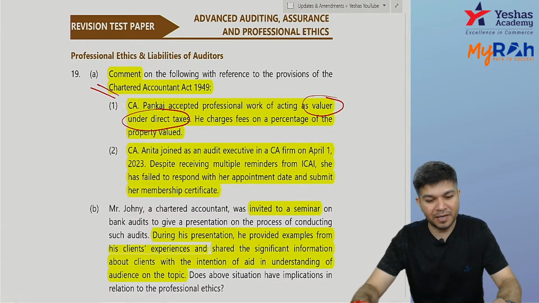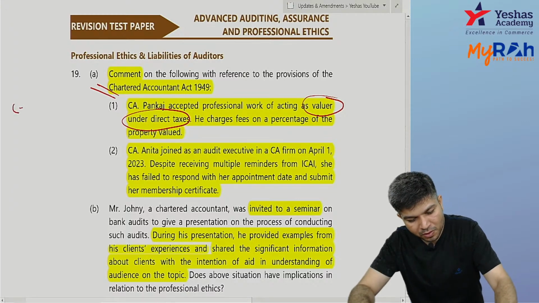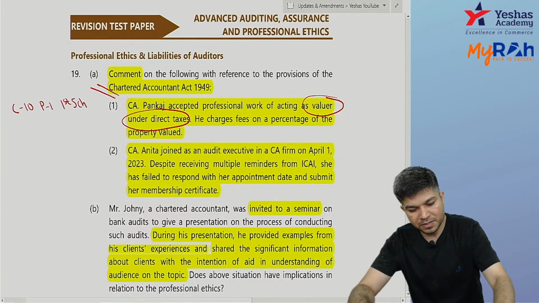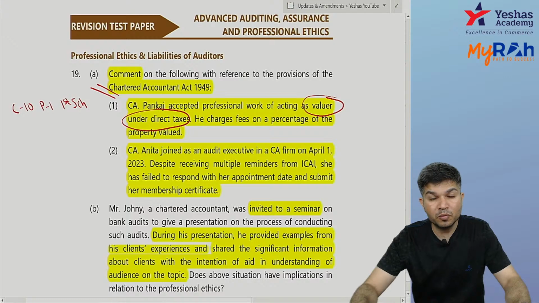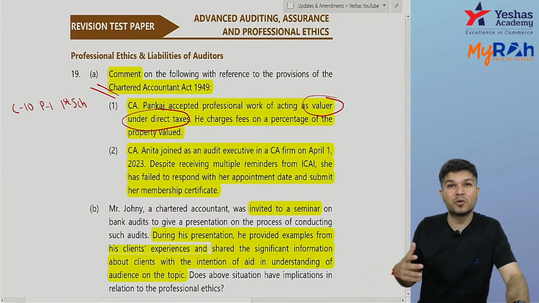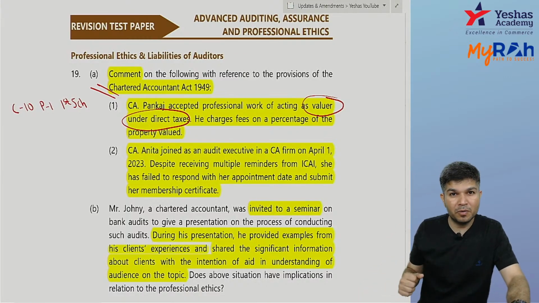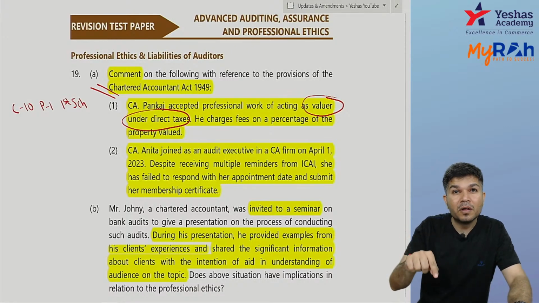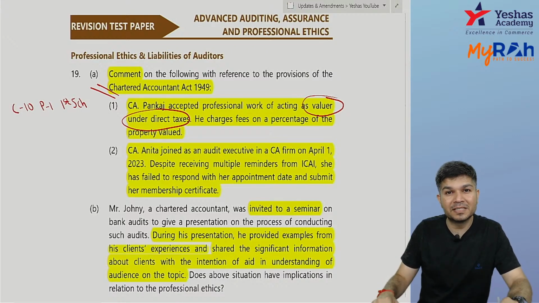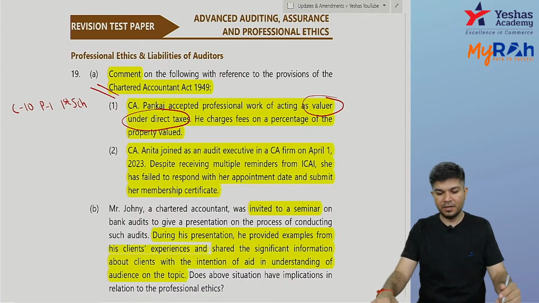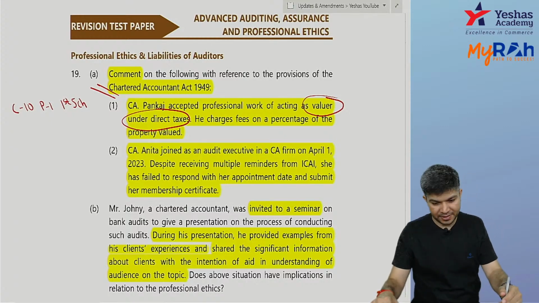Actually, this is clause 10, part 1, first schedule. If you take fees based on a percentage of profit, you are guilty of professional misconduct. But this falls under an exception. So can Pankaj accept? The answer is yes. The answer will be not guilty.